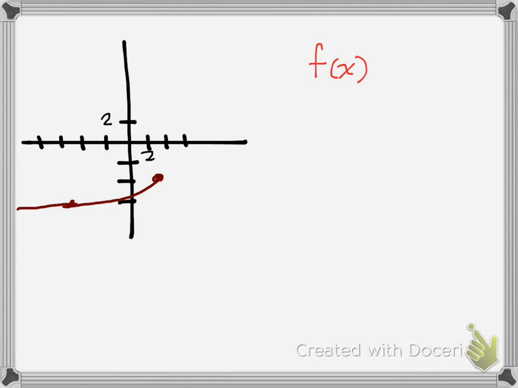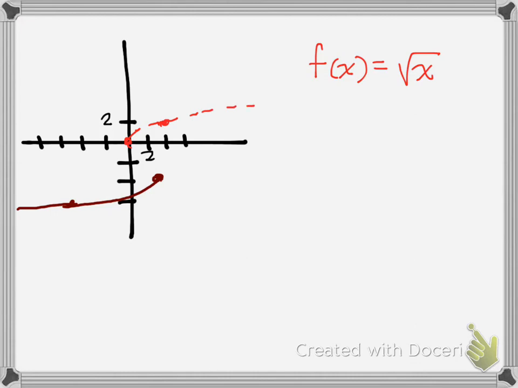So f of x is this, and I know when x is 4, f of x is radical x, which is 2. So let's graph that. I know I've got 0, 0, and I know I'm going to have 1, 1. So I'm trying to get a fairly accurate graph here of the radical function.